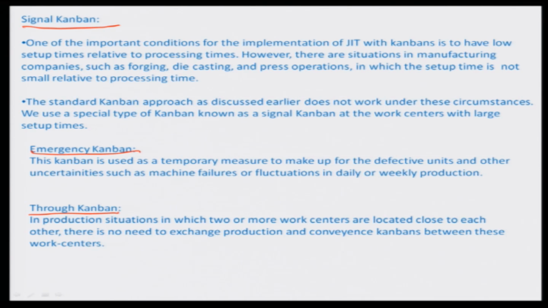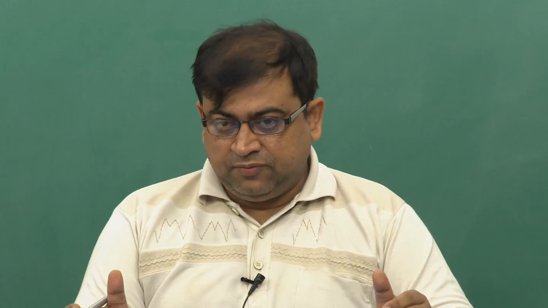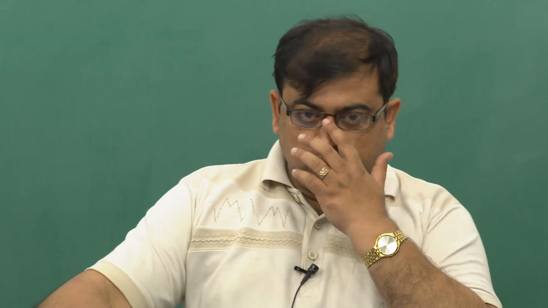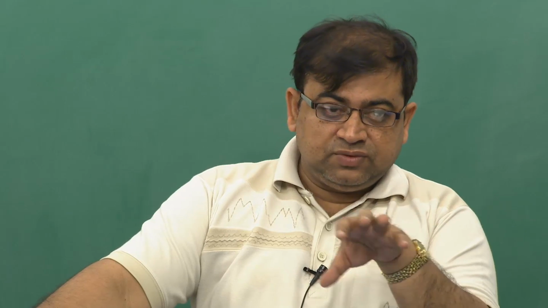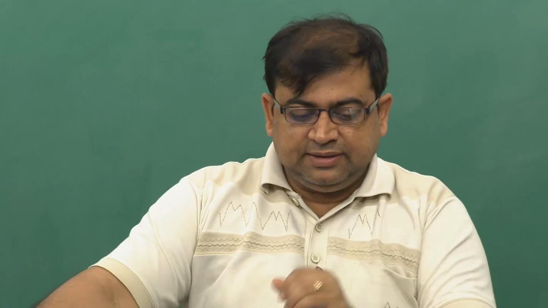One of them is called signal Kanban, and it comes into existence when we are talking about a large setup time, let us say in a press shop for example. You need to set up the dies, etc., and it takes a humongous amount of time to do one setup, and there the condition of that economic order quantity Q of certain size comes into picture, for which we have just completed the analysis.